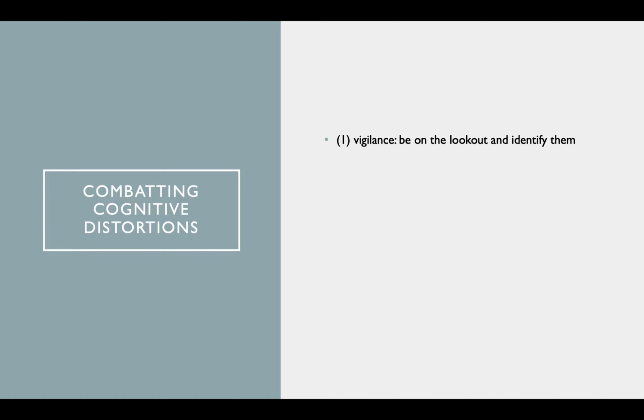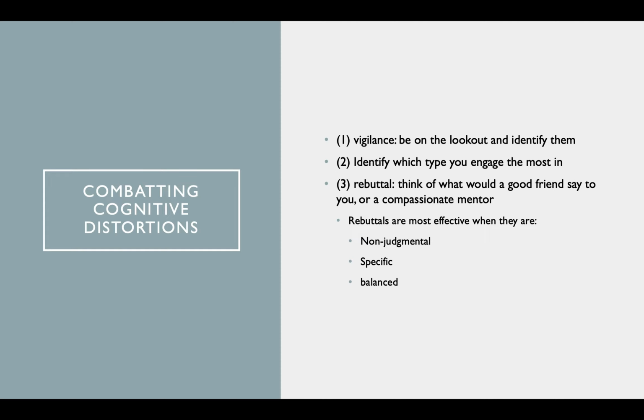So you want to first identify which one of these things we or our clients use the most. Then you want to come up with rebuttals. A good way to come up with a rebuttal is to think of what a good friend would say to you, or what a compassionate mentor would tell you when you are using one of these cognitive distortions, like when you're catastrophizing.